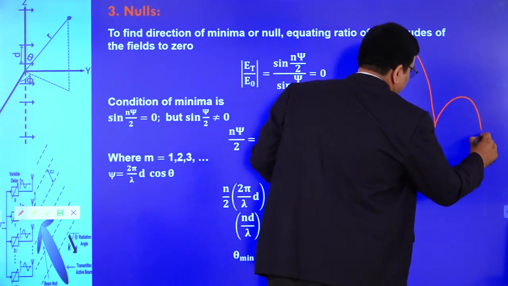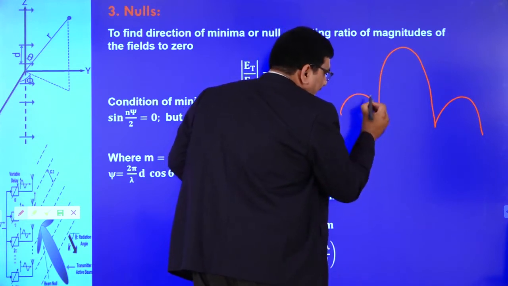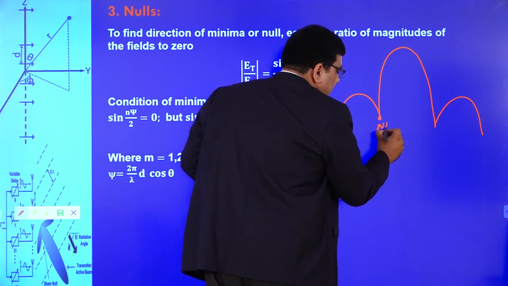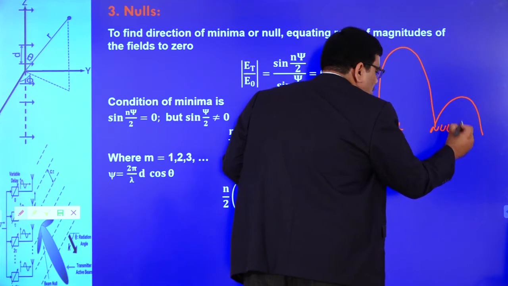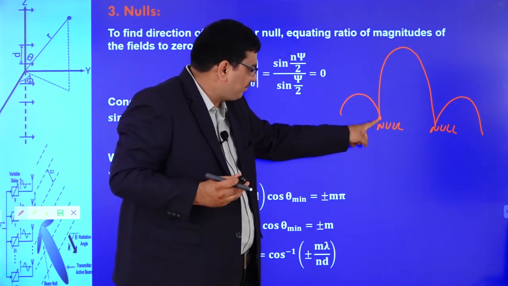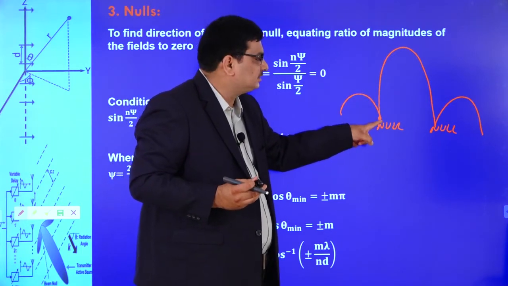At the end of the major lobe and the starting of the minor lobe, the strength of your signal is very low, that means almost null. So at the end of your major lobe and the starting of your first side lobe level, the signal strength is null.